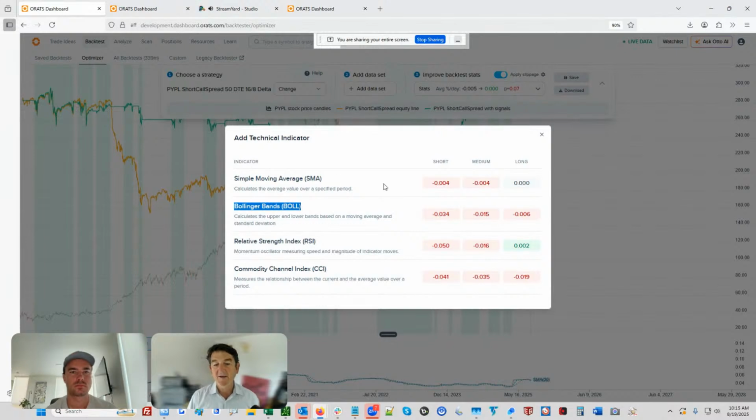But we found that the SMA is generally the better one, and that's why we present it. I think it also has the least chance of negatively impacting the p-value, just because it's such a tried and true indicator.